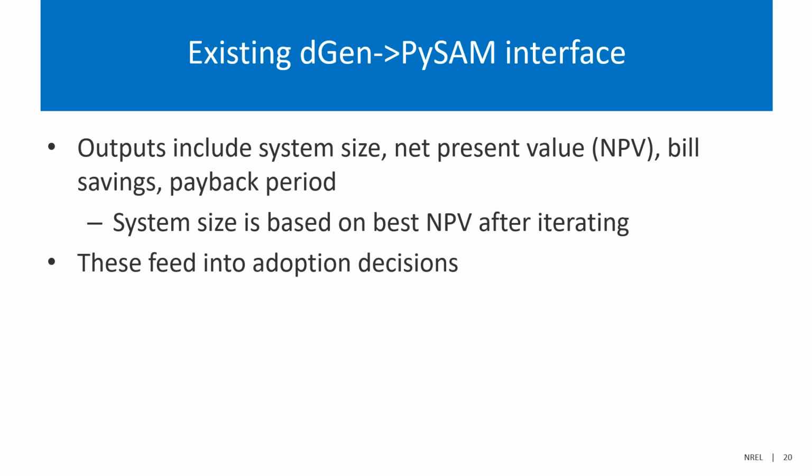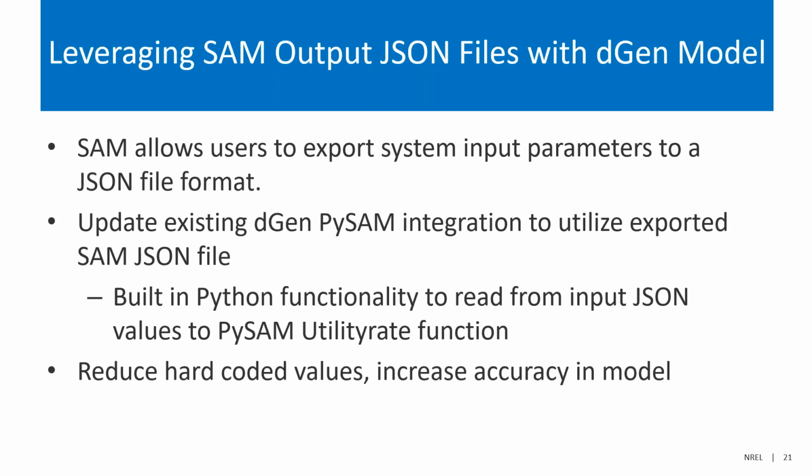And with that, I'll turn it over to Michaela to talk about how we are expanding that interface. Yeah, thank you, Brian. So over in the dGen model, we are now going to be leveraging the SAM output JSON files in order to update what we're already using with that PySAM integration, and then to expand on it by using the JSON files. So right now, the SAM model allows users to export their system input parameters into a JSON file format.